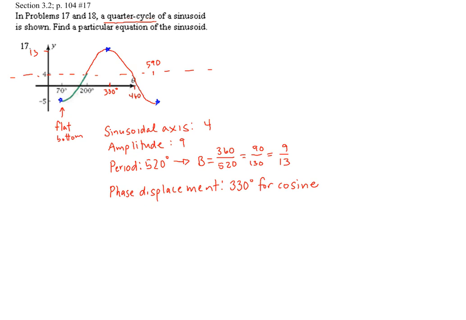And then when I take this information and put it all together, I get y equals 4 plus 9 cosine of 9/13 times theta minus 330. Awesome. That's all there is.